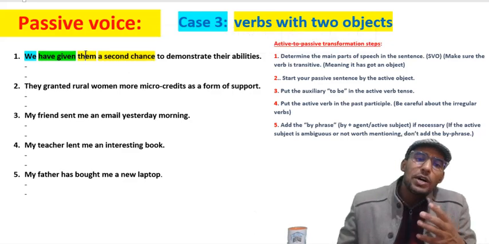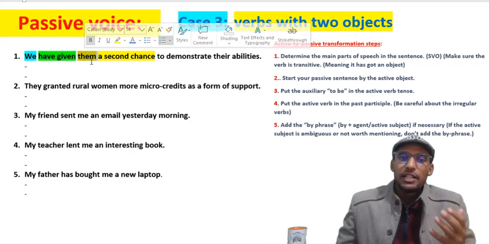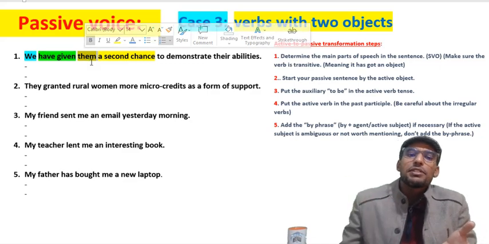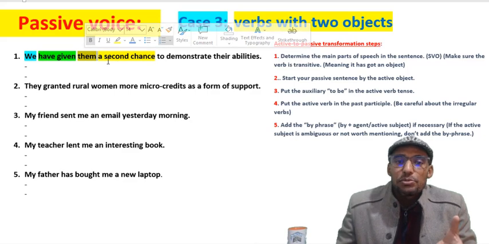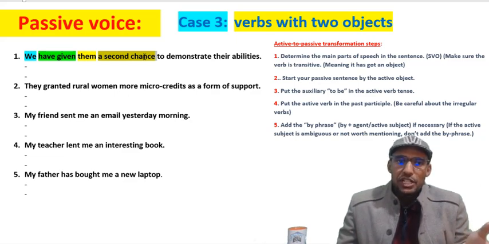The object number 1 here, guys, them, is an object pronoun and it is called the indirect object. What is an indirect object? It's very simply the recipient of the direct object, here, a second chance. The second object is called the direct object, upon which the verb is acting.